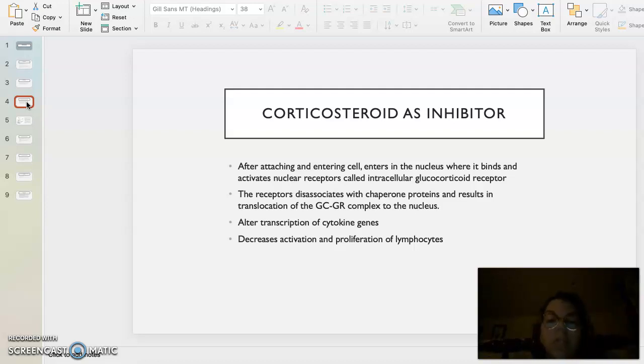The receptors dissociate from the chaperone proteins, and as a result, the GC corticosteroid and GR receptor complex translocates to the nucleus. It alters the transcription of cytokine genes, and it decreases the activation and proliferation of lymphocytes.